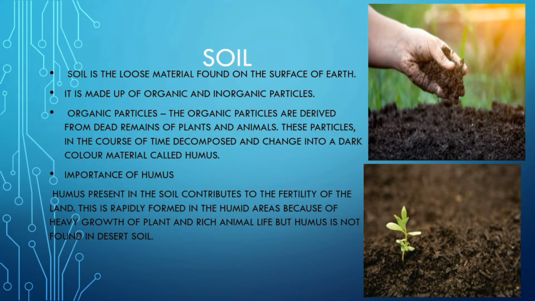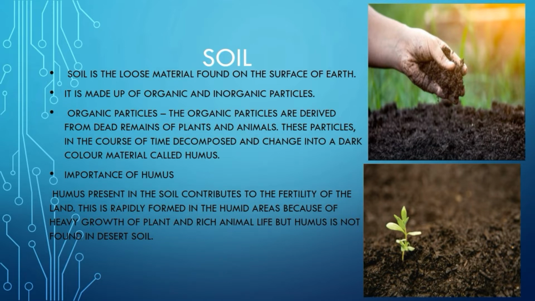First, organic particles. Let's see what are organic particles. The organic particles are derived from dead remains of plants and animals. These particles in the course of time decompose and change into a dark color material called humus. So two things we come to know here.